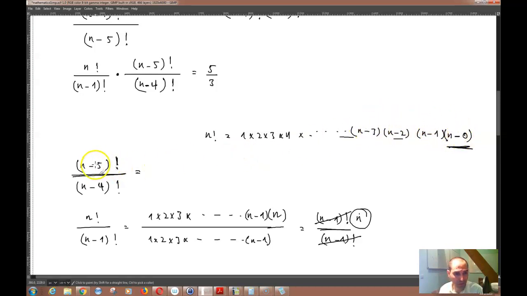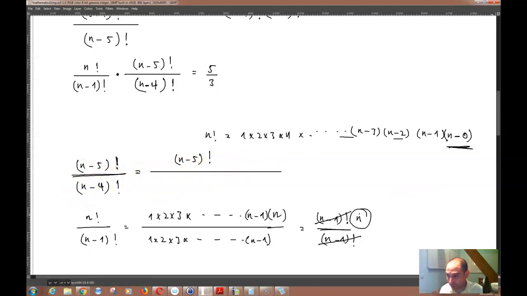So if I want to get to the term before this term, I would end up with n minus 6. And if I want to get to the term before this term, I would end up with n minus 5. So I will write this as n minus 5 factorial. And then this thing over here, I write it as n minus 5 factorial times n minus 4.